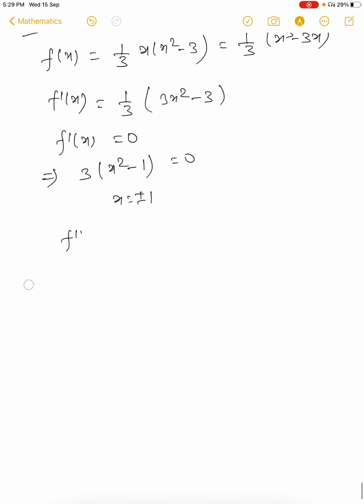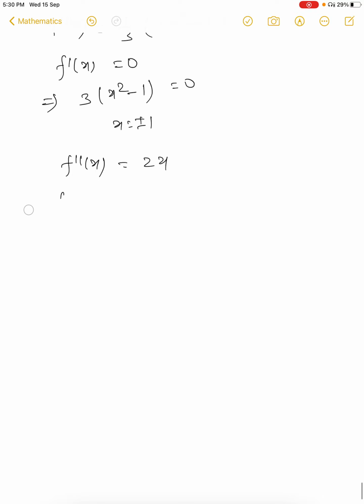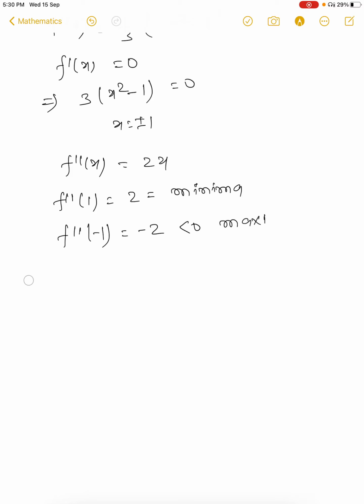Then f''(x) is 2x. When you put f''(1), it will be 2, which is a positive number, so this is a minima. f''(-1) is equal to minus 2, a negative number, so here will be maxima.